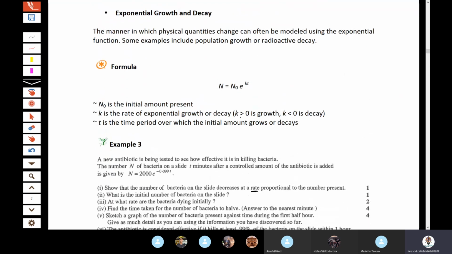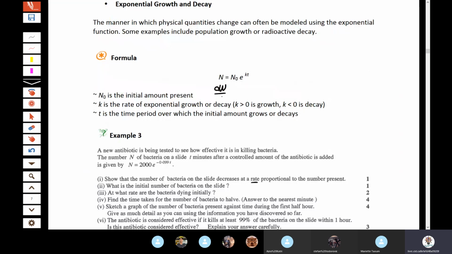maybe we should do it from the beginning one more time. We wanted to find that dn on dt. When you differentiate this, you bring the k down, so it becomes k n naught, you bring the k down, k n naught, and you keep it the same, e^kt. So dn on dt, or n dash, is the same as k n naught e^kt, and n naught e^kt is n.